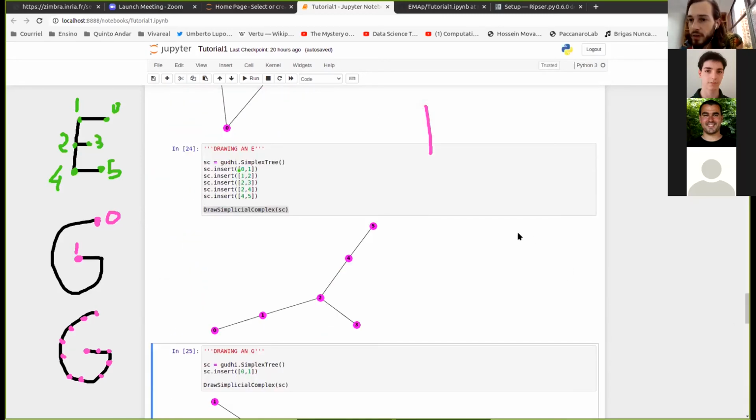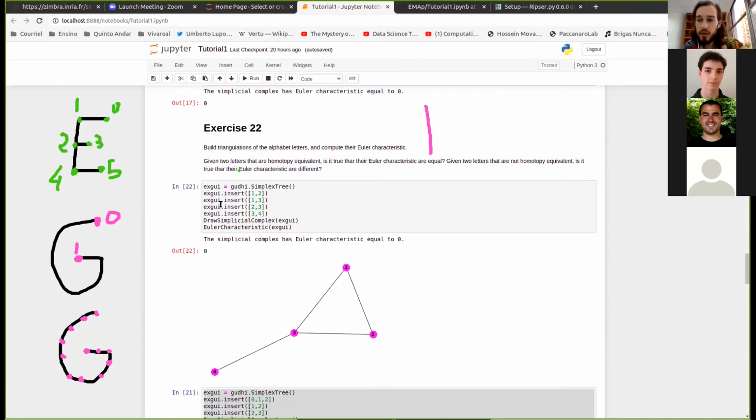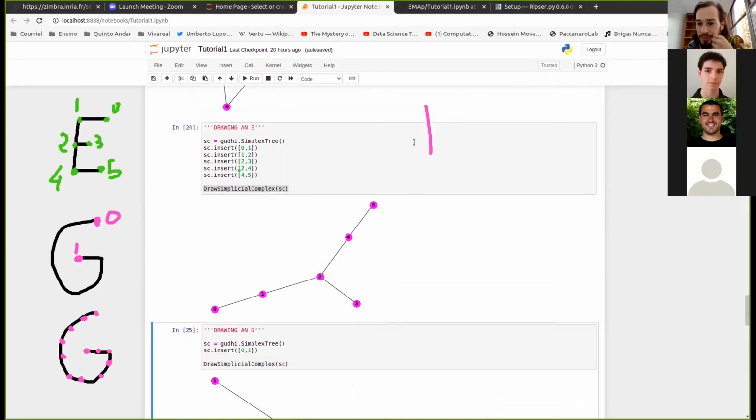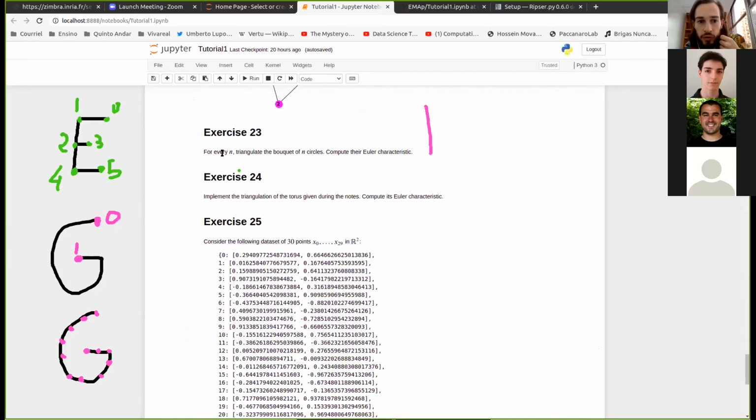Do you have any question about exercise 22? If this is okay, I will go to the next one. So I want to triangulate the bouquet of n circles.